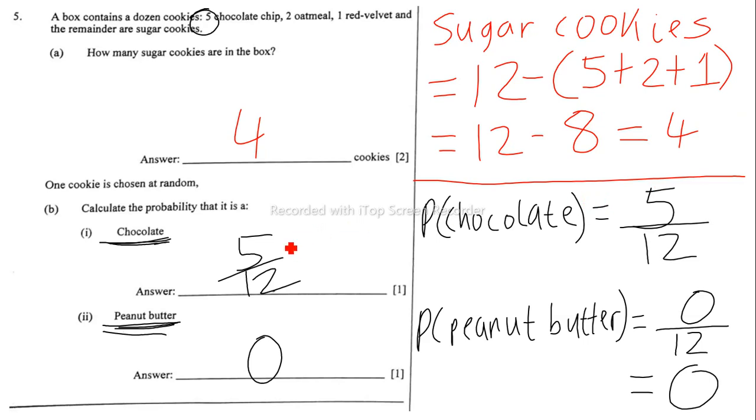Notice this is the answer, 5 over 12. 5 over 12 is less than 1. You agree? And then 0 is 0. We could have a probability of 0, or greater than 0, but it can't be bigger than 1. Because 12 over 12 equals 1, a whole, right? Yeah. Okay, I get it.